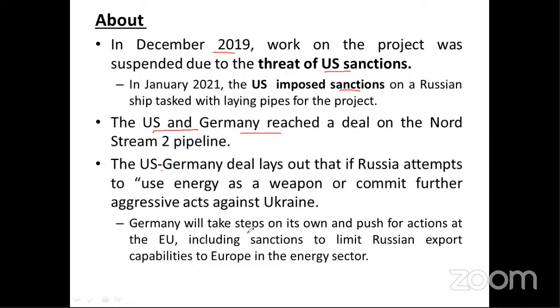So this is a deal that was signed between the US and Germany: if Russia uses energy as a weapon or commits further aggressive acts against Ukraine, like what happened in 2014 when Crimea was occupied by Russia, then Germany will take a step. And the US will support Germany to suspend this pipeline, suspend the supply of natural gas coming from Russia.